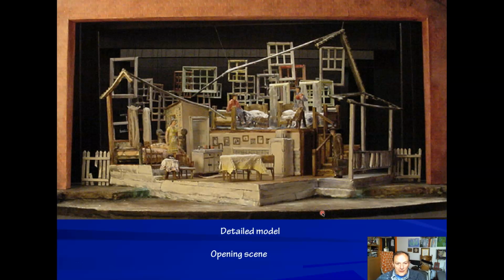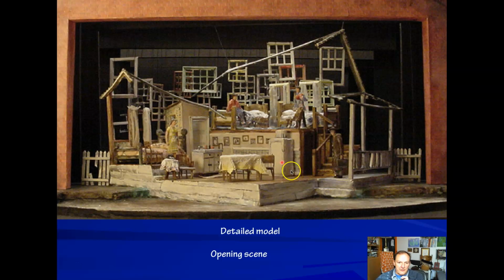All right, so once that ground plan has been agreed upon and established, typically there's a model that is built so that we can really get a good sense of what this play is going to look like. The model's in scale.